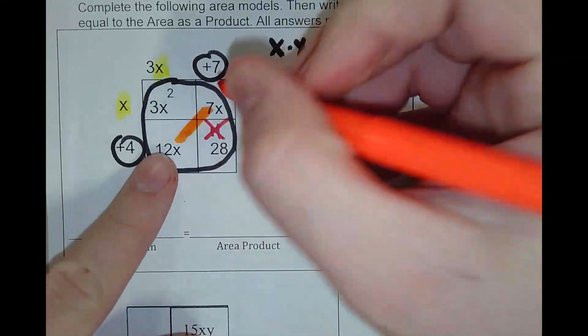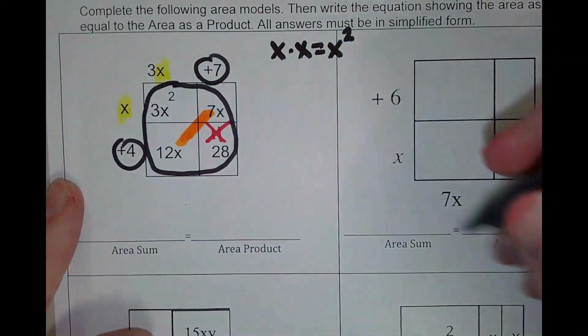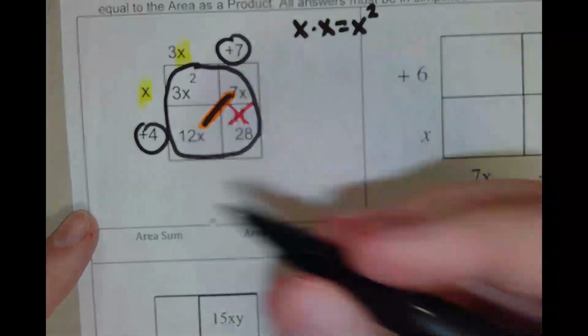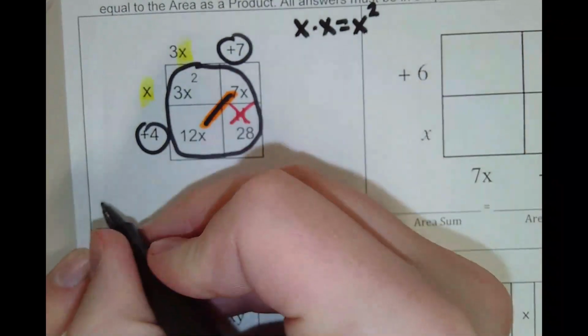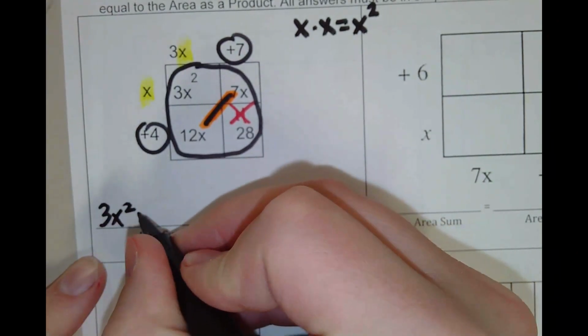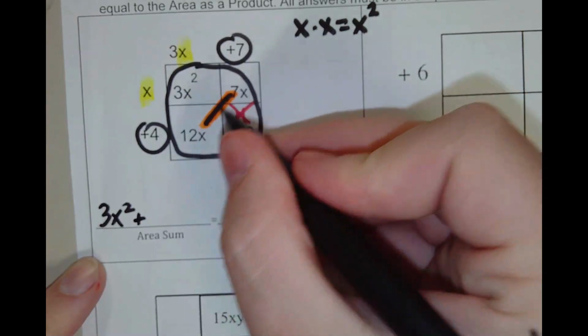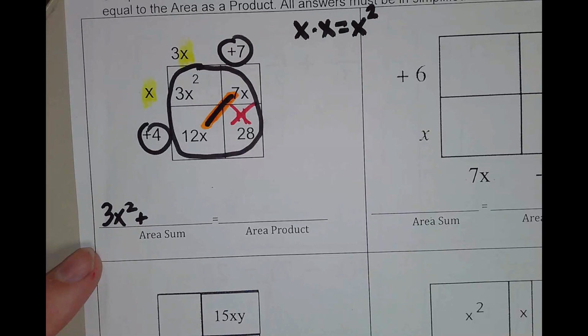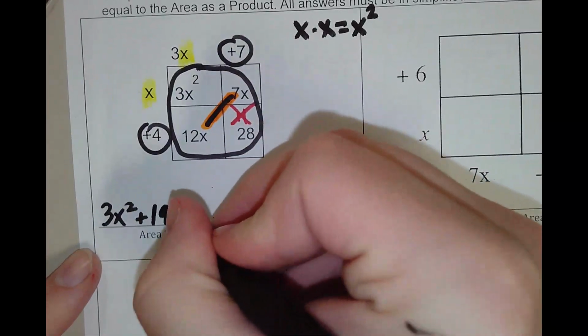So 12x and 7x, if you draw an arrow from here to here, a little line segment like that, I know that means you just added those together. So adding all of these together, the area sum will be 3x squared plus, what is that? 19? Yeah, 19x plus 28.